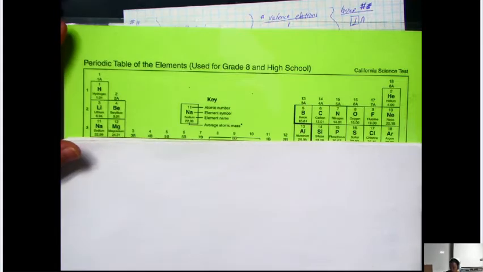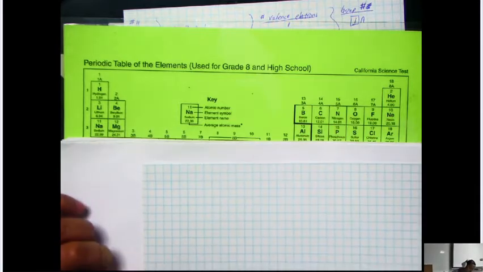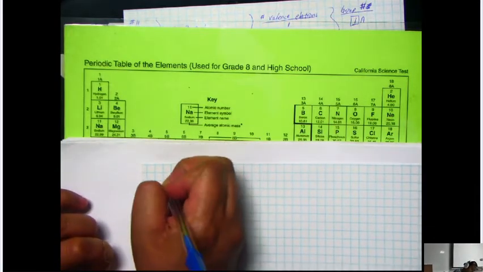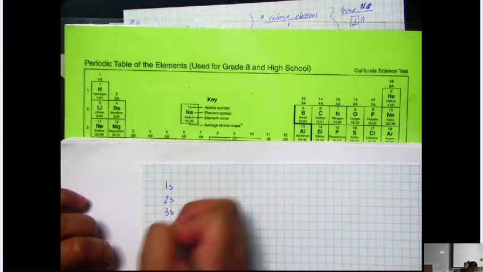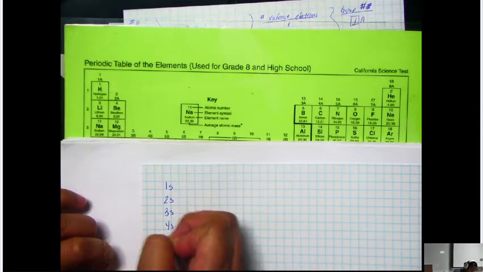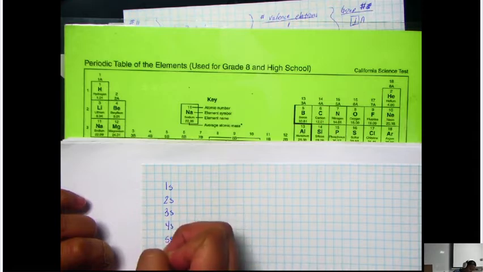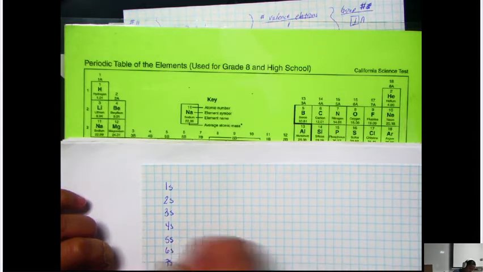So if you recall the electron configuration chart that you had, it had the 1s. I'm going to write it out real quick. 1s, 2s, 3s. I'm not going to write out the whole thing because we're just going to cover the part that we need.